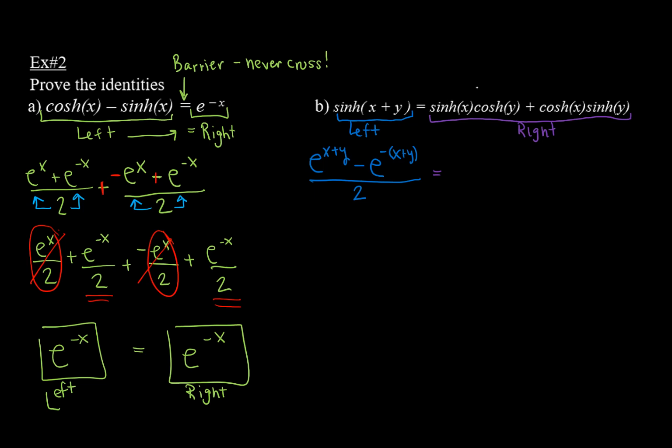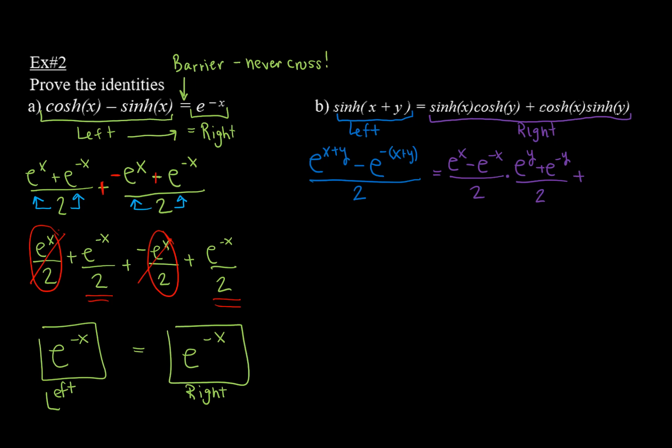So I'm going to have the sinh of x times the cosh of y. So the sinh of x is going to be e to the x minus e to the negative x all over 2. And then the cosh of y is going to be e to the y plus e to the negative y all over 2.